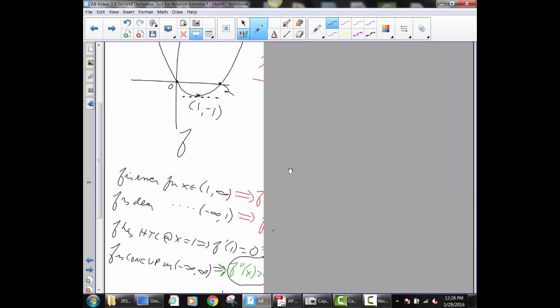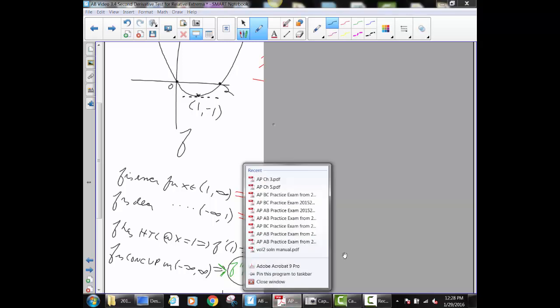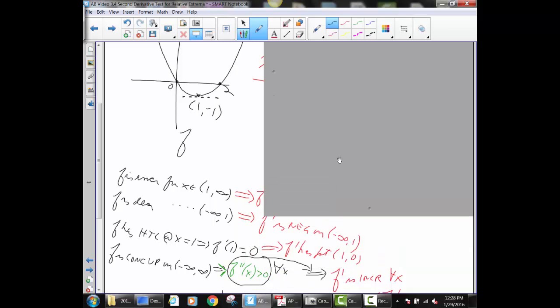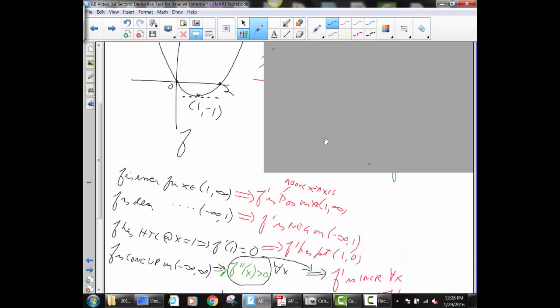Well, what are the conclusions for f prime in this case? The conclusions for f prime are that if f is increasing, f prime is positive in that interval. If f is decreasing, f prime is negative. If f prime of 1 equals 0, then the graph of f prime has the point 1, 0 on it.